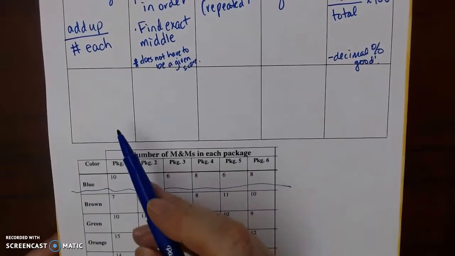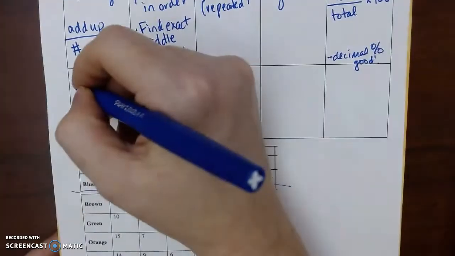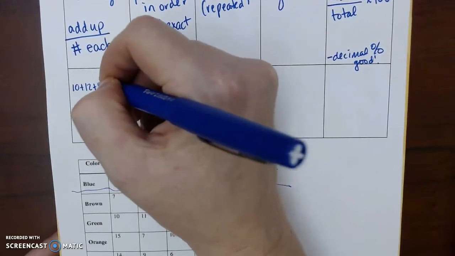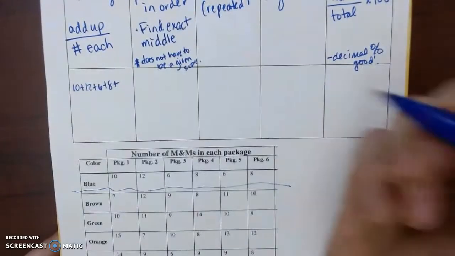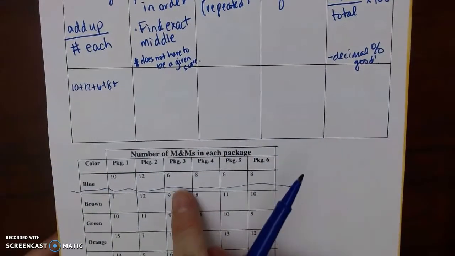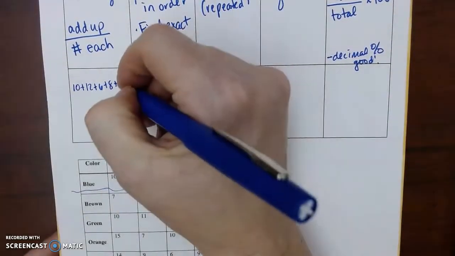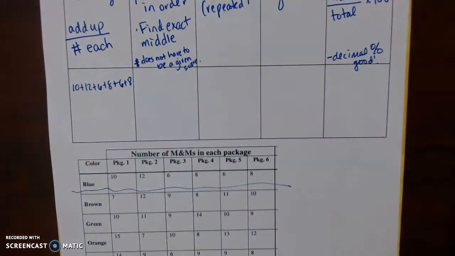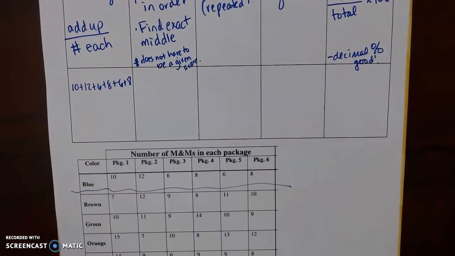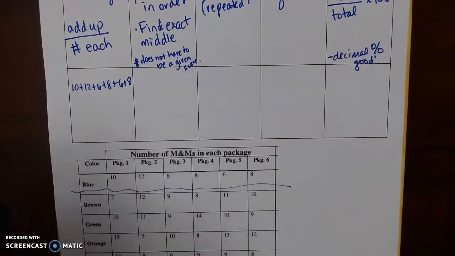All right, so for the mean, I'm going to take a calculator and I'm literally going to add all these numbers. I want to make sure I don't repeat anything. I'm using my phone calculator.